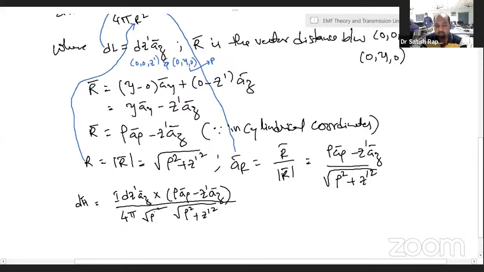R is root of rho square plus z dash square, whole square, so this is R square.